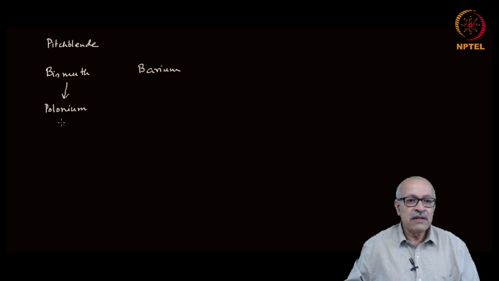She was from Poland, so after her motherland she named it polonium, and then they targeted the barium compounds. They carefully extracted all the barium from it, whatever remained was also radioactive, and from there they extracted a new element called radium, and both got the Nobel Prize for this discovery.